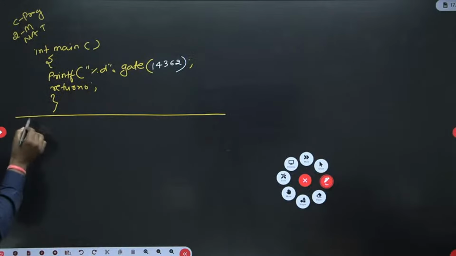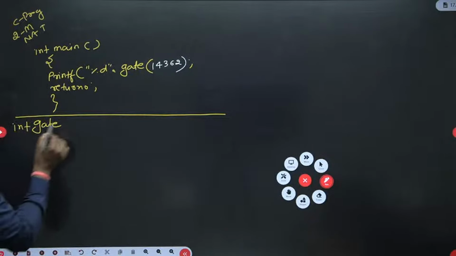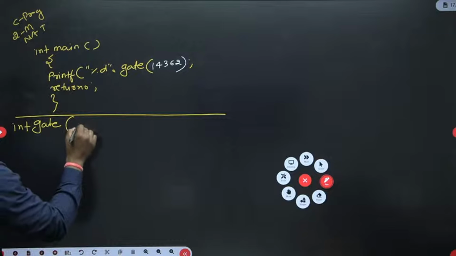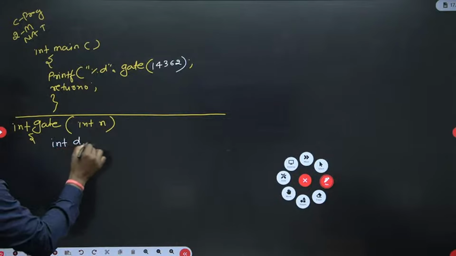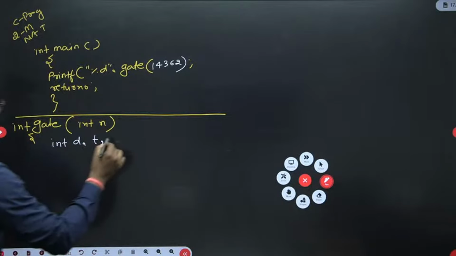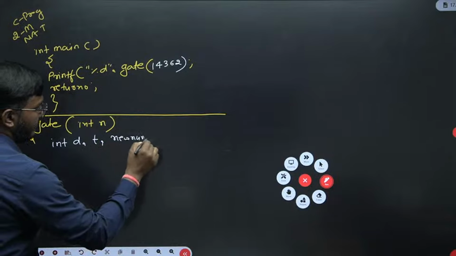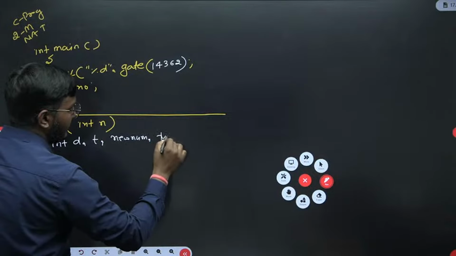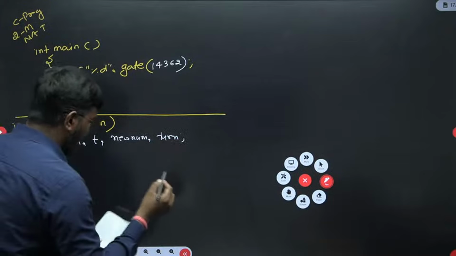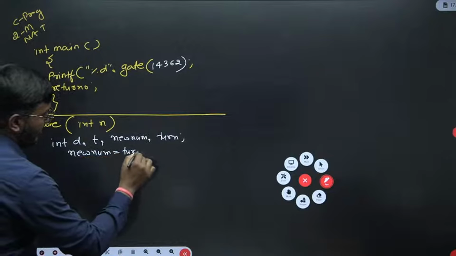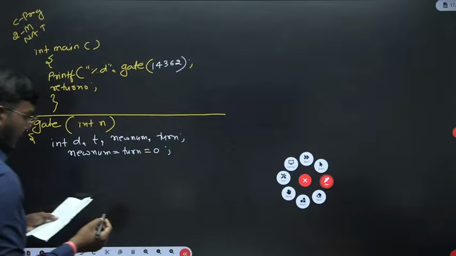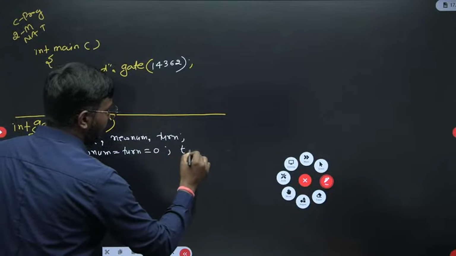Now see the get function. This get function has return type int, and we are passing the parameter int n. The body of this function has the variables int t, d, newnum, and turn. Newnum and turn are both initialized to 0, and then t equals 1.